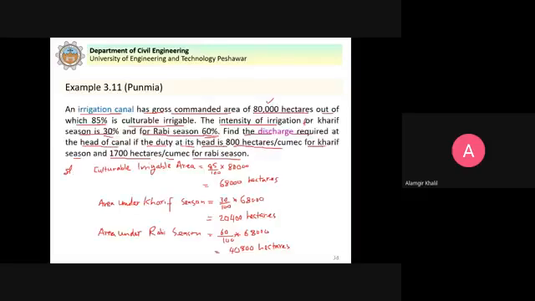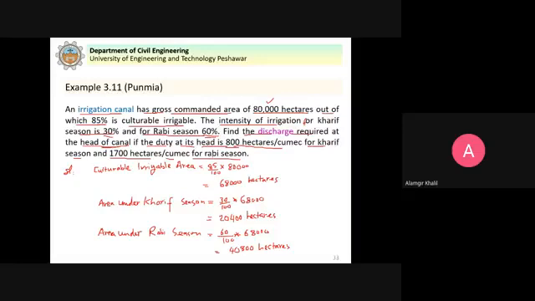Now what we want is to calculate the water required at the head of canal for the 2 seasons, because you can see here the duty is different. The duty at its head is 800 hectares per cubic for Kharif season and 1700 hectares per cubic for Rabi season. Cubic means cubic meter per second, clear? Hectare is 10 power 4 square meter.